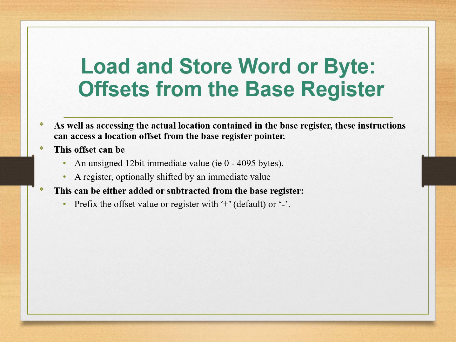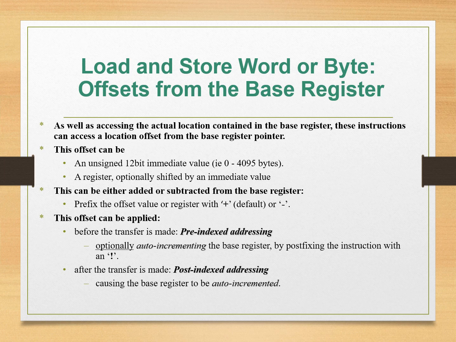So the offset, you can either increase or decrease from the base register. Okay, this offset can be applied before the transfer is made. Then we call it pre-index addressing. Okay, we use it before the transfer is made, then we call it pre-index.